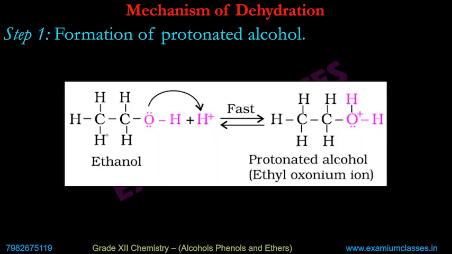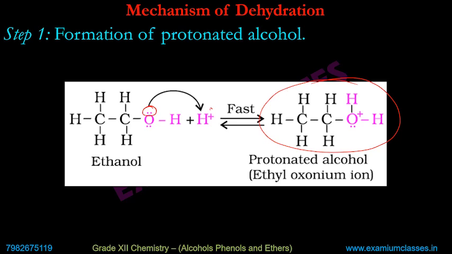Formation of protonated alcohol is that the lone pair of oxygen attacks the proton released by the acid. That's why it has to be conducted in presence of acids which provide proton. So those acids which provide proton are used here. So this addition intermediate is formed, which is called protonated alcohol.